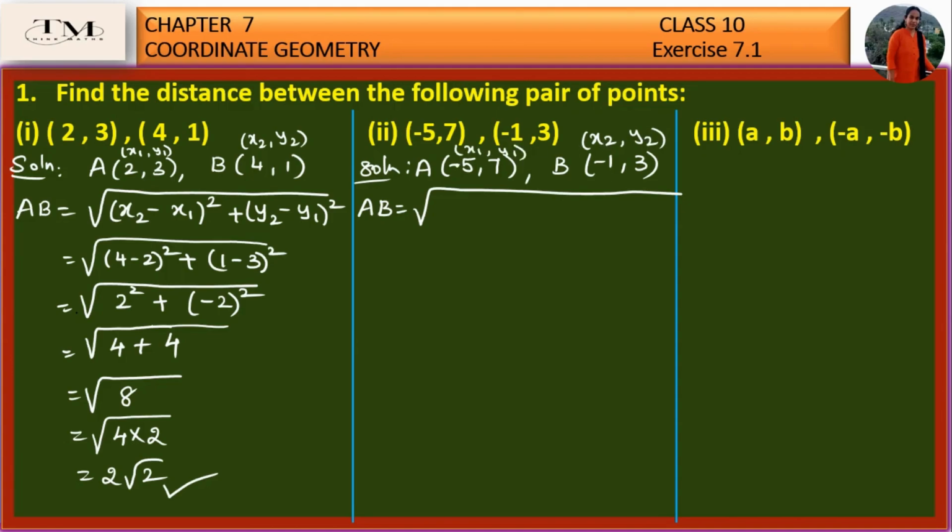So x2 is minus 1, minus x1 which is minus 5, whole square plus y2 is 3, y1 is 7, so 3 minus 7 whole square. Minus 1 minus into minus is plus. So you will get minus 1 plus 5 whole square plus 3 minus 7 which is minus 4.